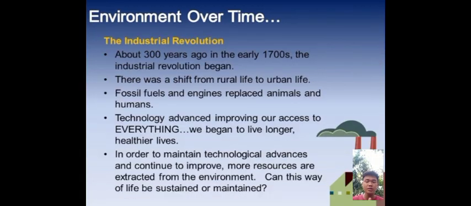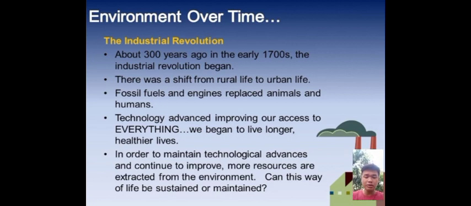The next is the environment over time, and this is the Industrial Revolution, its example and meaning. About 300 years ago, in the early 1700s, the Industrial Revolution began. There was a shift from rural to urban life.